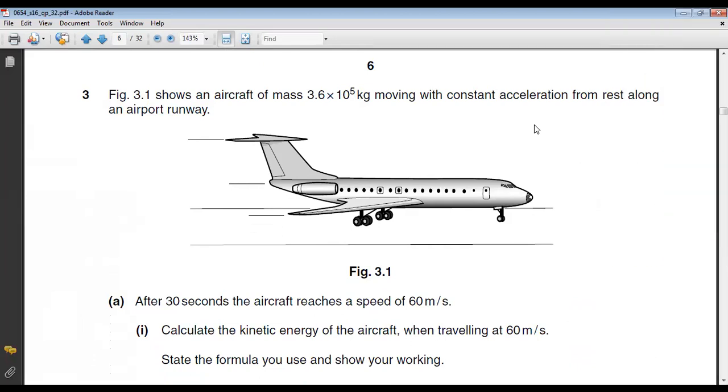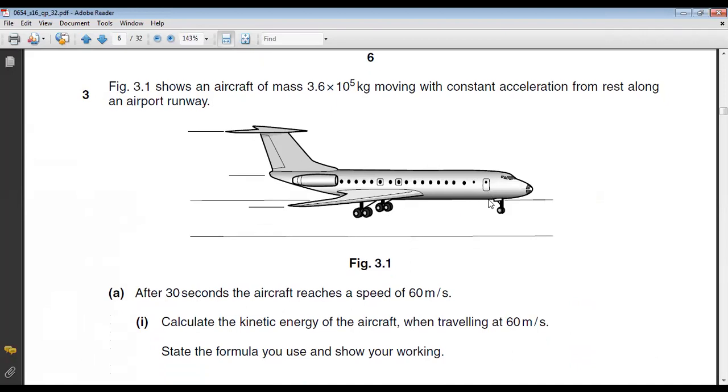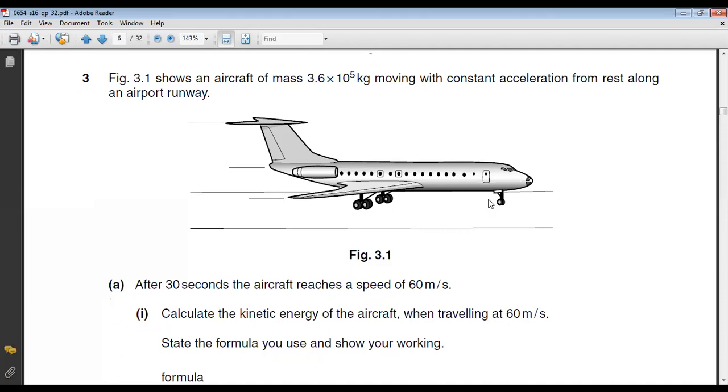Figure 3.1 shows an aircraft of mass 3.6 into 10 raised to power 5 kilograms moving with constant acceleration from rest along an airport runway. After 30 seconds, the aircraft reaches a speed of 60 meter per second. Calculate the kinetic energy of the aircraft when traveling with 60 meter per second.